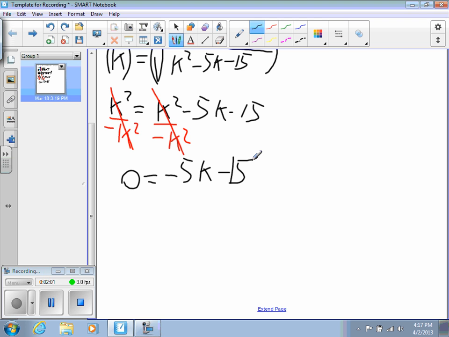What started out looking like it was going to be a quadratic equation, an equation with a squared variable that we were going to have to factor and solve, has turned into a linear equation, one that's much simpler to solve. We need to get the variable on one side and the ones on the other side. I'm going to go ahead and add 5k to both sides to make my variable positive, and to get it on the opposite side of the equation from my negative 15.